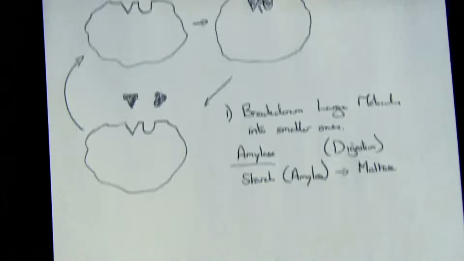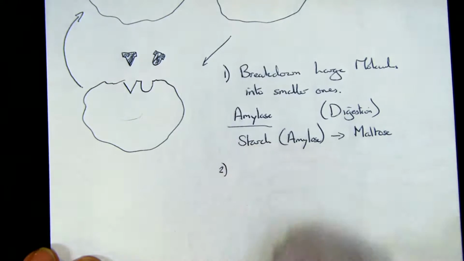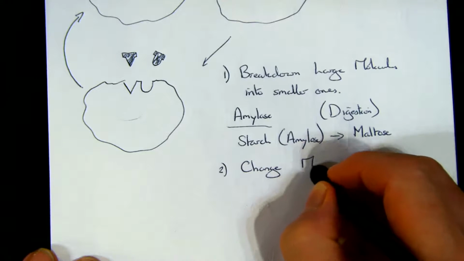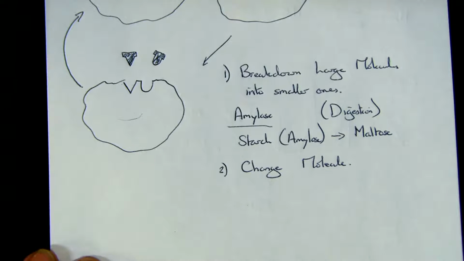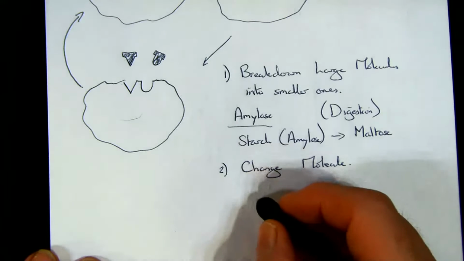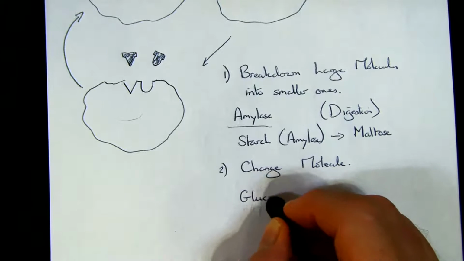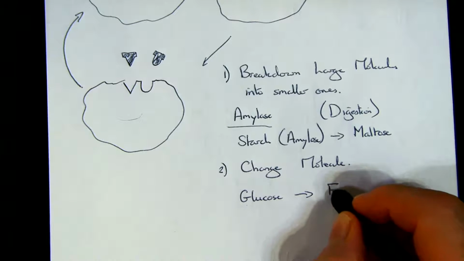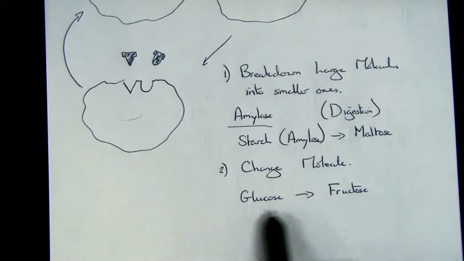Once I've got my molecule in one format or another, then I might want to change a molecule. If you look at digestion in more detail, one of the things that we do is we make a sugar called glucose, and we change that glucose into another sugar, fructose. They are very similar to one another. They're just isomers.